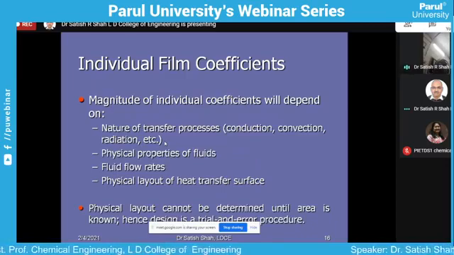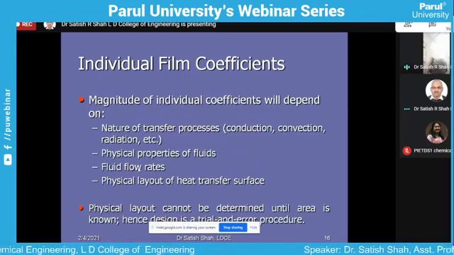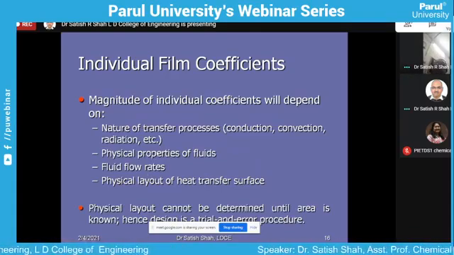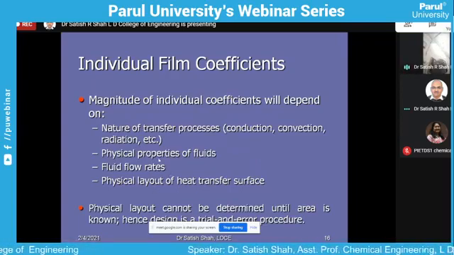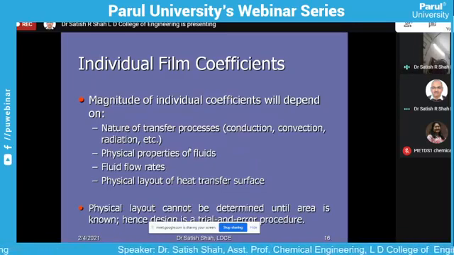Similarly, later on you will know that we have to calculate Reynolds number, Prandtl number, everything, where we need many properties of the fluid. Then what is important is the flow rate of the fluid. And then the physical layout of the heat exchanger or heat transfer surface. All right. So all these things will give you the individual film coefficient.